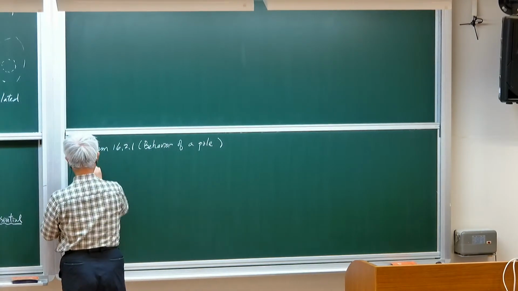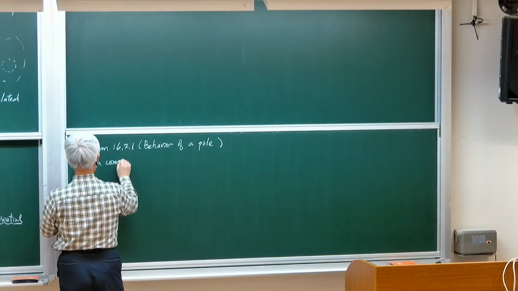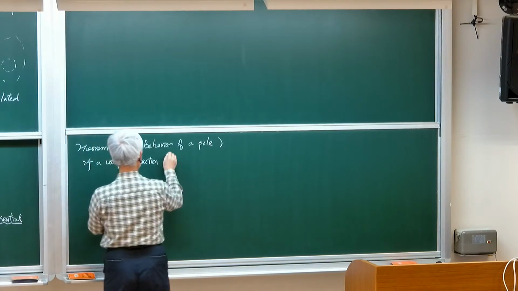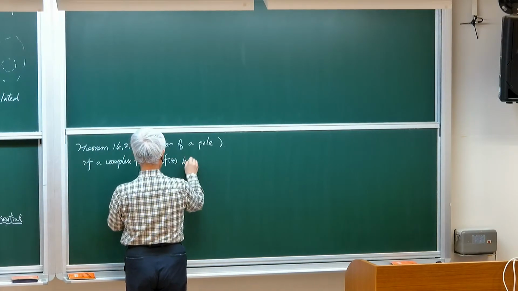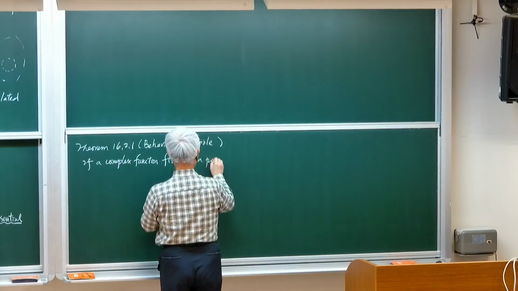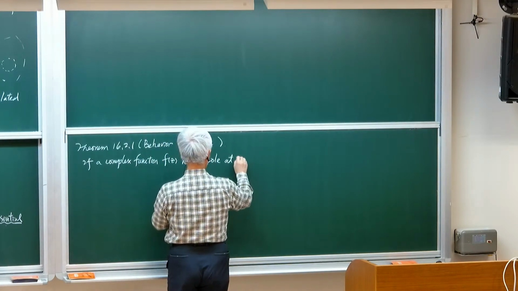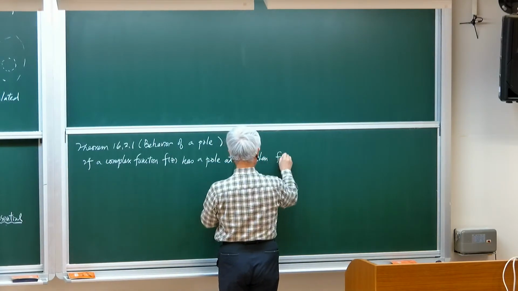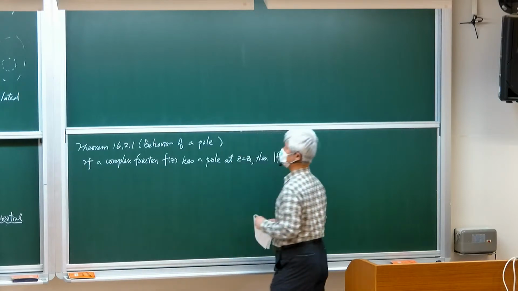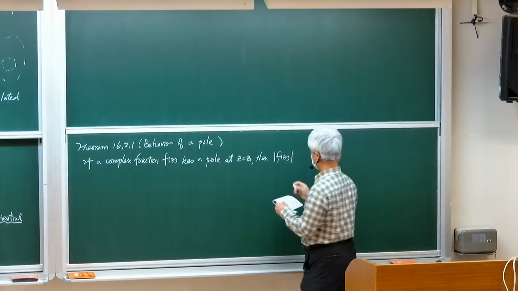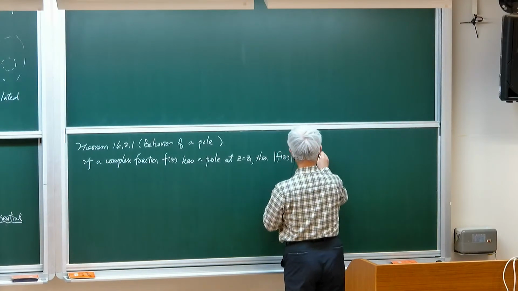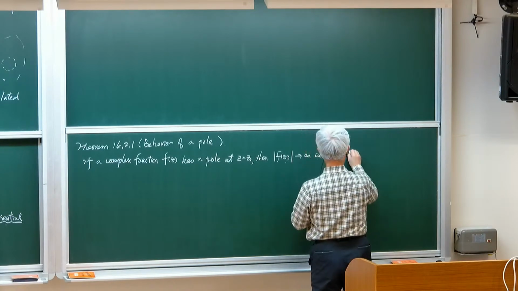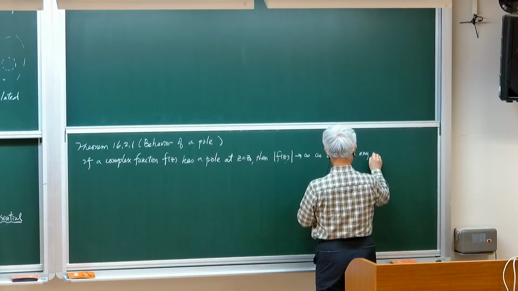So if a complex function f of z has a pole at z equal to z0, then the magnitude of the function will go to infinity as z goes to z0 in any manner.